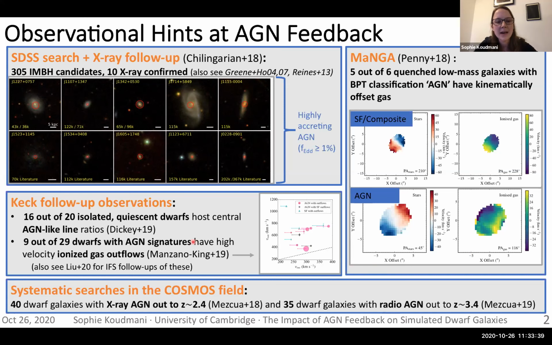By now there's also been direct evidence for AGN-driven outflows in dwarfs, here by Manzano-King et al., as well as a more recent follow-up study from Liu et al. And there have also been systematic searches now at higher redshift, for example in the COSMOS field, where both X-ray AGN and radio AGN up to redshifts 2 to 3 have been identified.